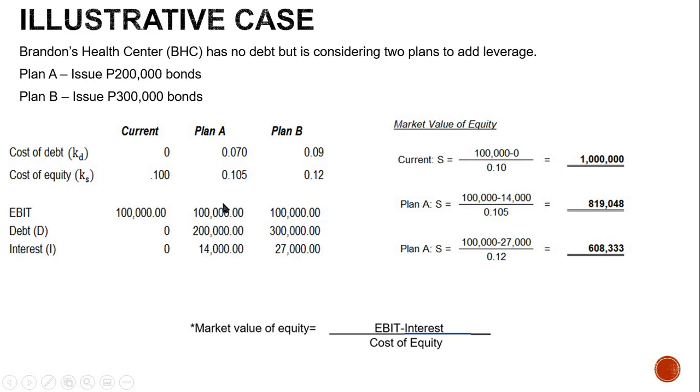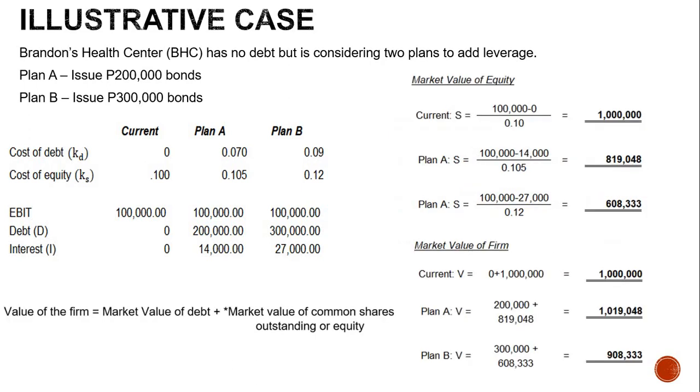For plan A, that's EBIT of 100,000 minus interest of 14,000, divided by cost of equity of 10.5%, which is 819,048. For plan B, that's EBIT minus 27,000 interest, divided by 0.12, which equals 608,333.